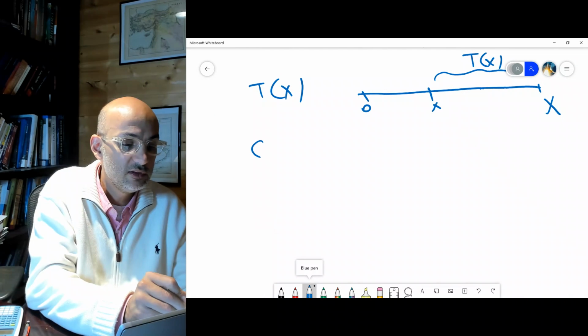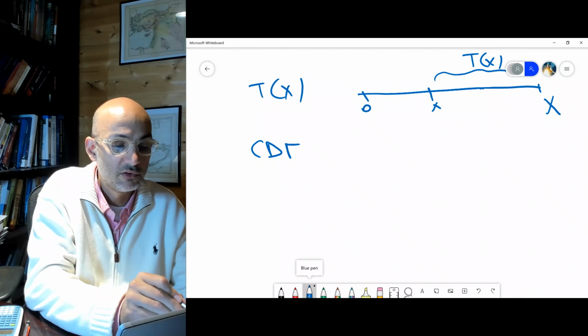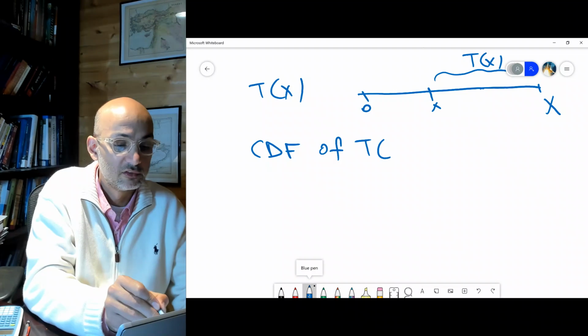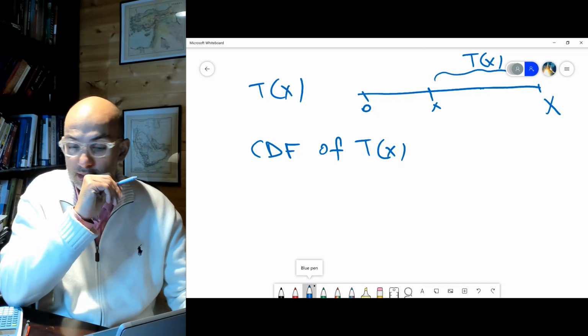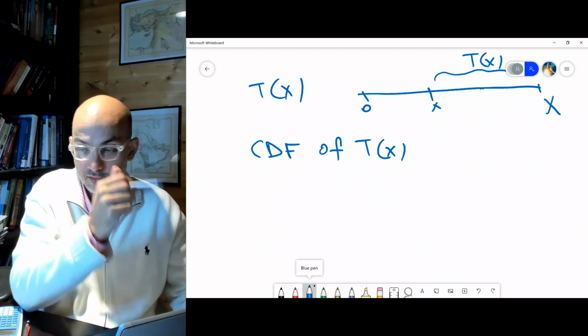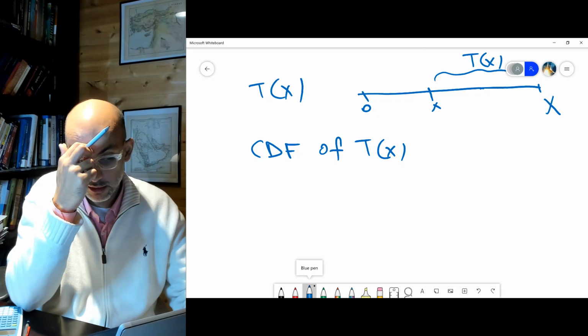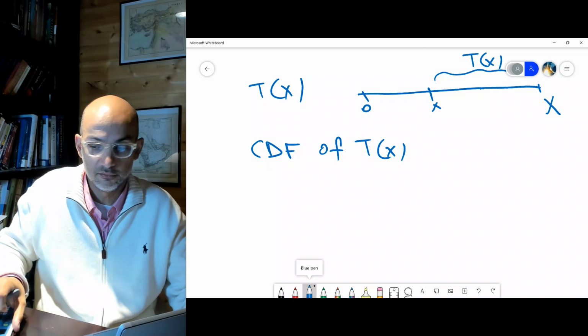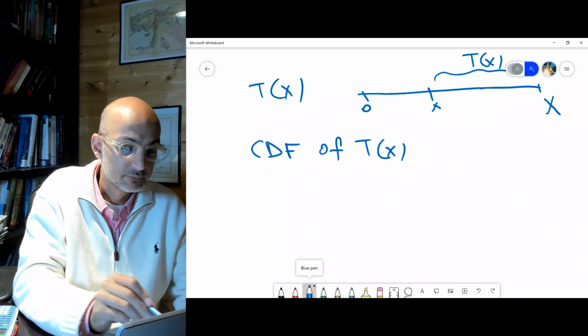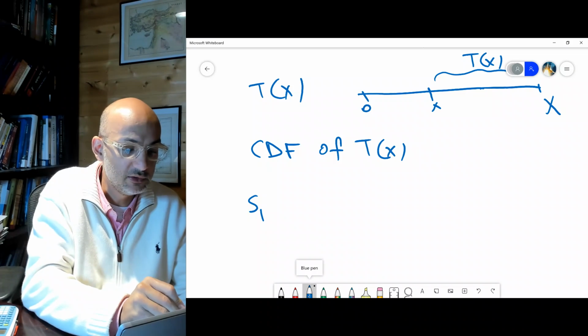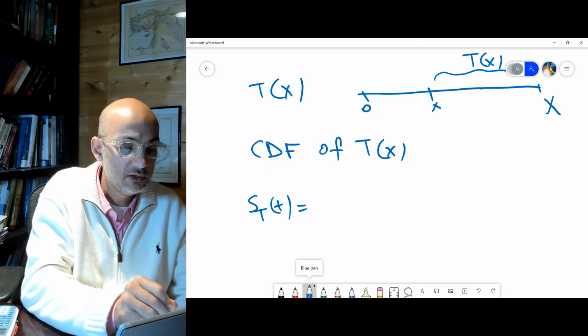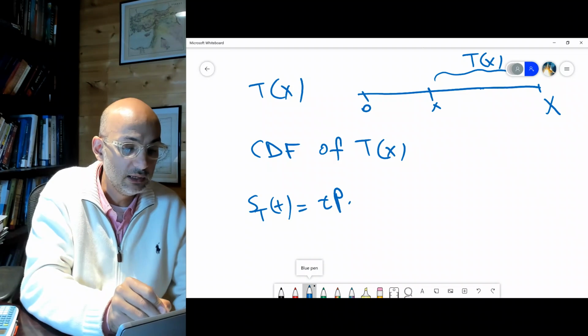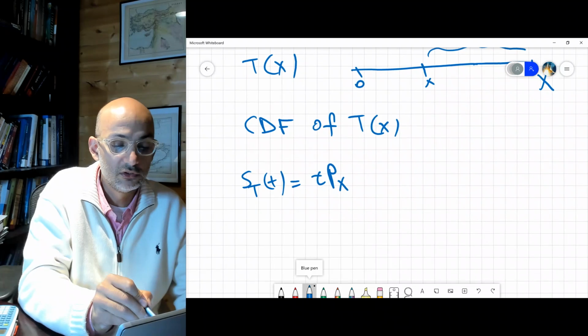But what is the CDF, cumulative distribution function, of T of x? We need to look at the CDF, TQX, then we look at the density function, and we look at the force of mortality function. Let's take one by one. Remember S of t, what we use as TPX, the new notation.